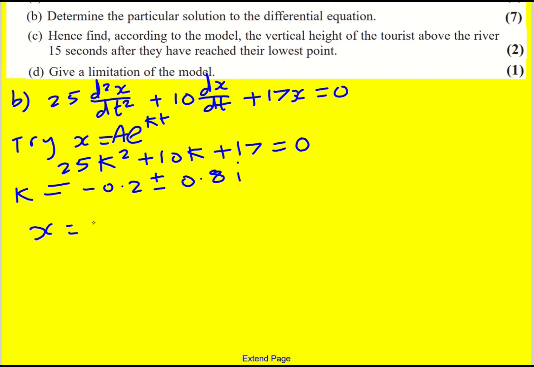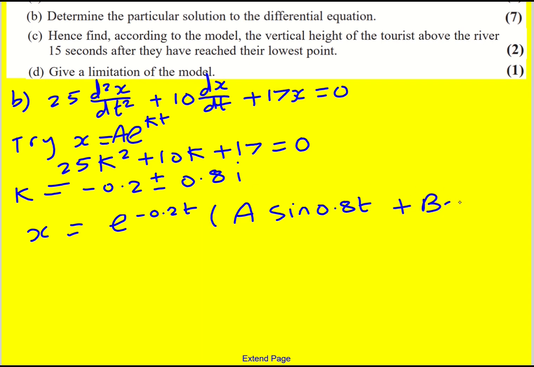And that means x is going to equal e to the minus 0.2t, then A sine 0.8t, we take the imaginary part and use sine and cos, plus B cos 0.8t.